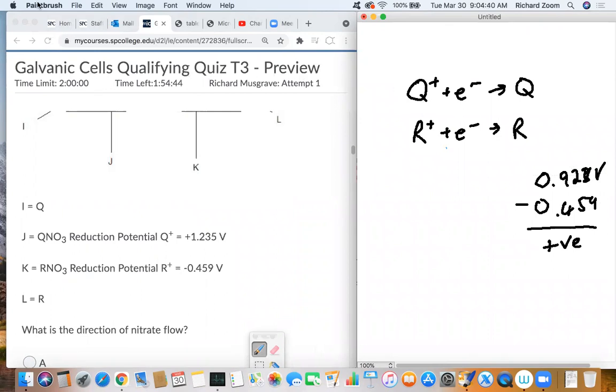Let me move this up here. Okay, so the Q is 1.235. And the other one is negative, well, actually positive. It's going to be positive 0.459. No, negative 0.459 is right.